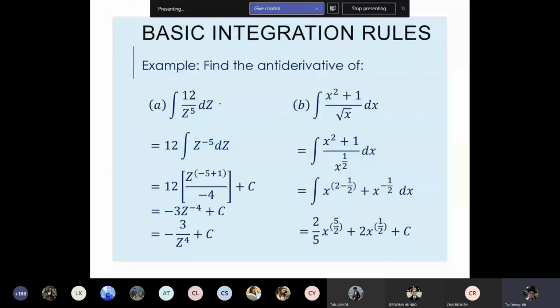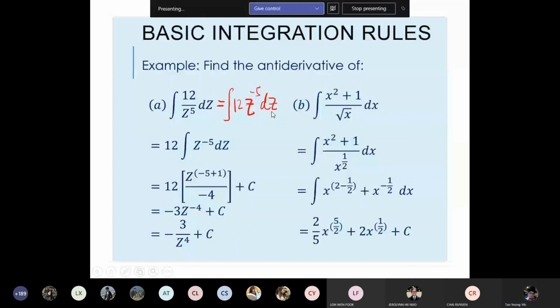First, we need to change this to indices just as usual. What happened to the z to the power of 5? When we bring it up, it becomes -5. Now, because we are integrating on the variable z, I have to put here dz. So integrate 12 z to the power of -5 dz.